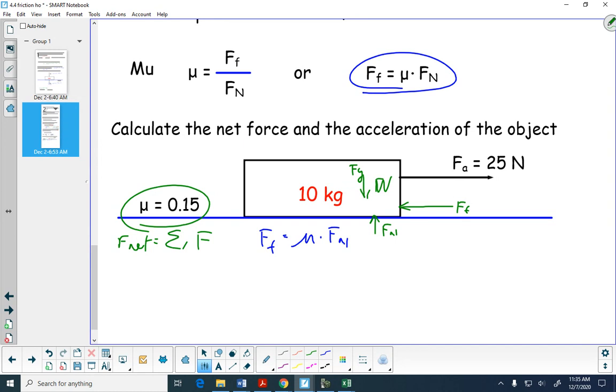Once again, this object is in equilibrium in a vertical sense, because it's not jumping off the table or breaking through the surface. So we have to have equal but opposite forces in the vertical direction. Our weight is equal to 10 times 9.81, 98.1 newtons, going downwards.